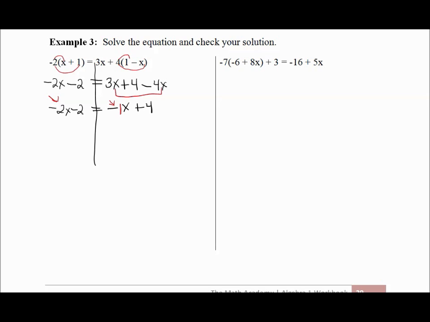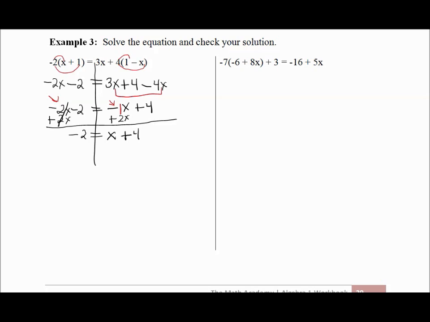And since this is -2x, I want to do the opposite and add 2x. Okay, those cancel out. Bring down the -2. -x plus 2x is just x. It's positive x plus 4.